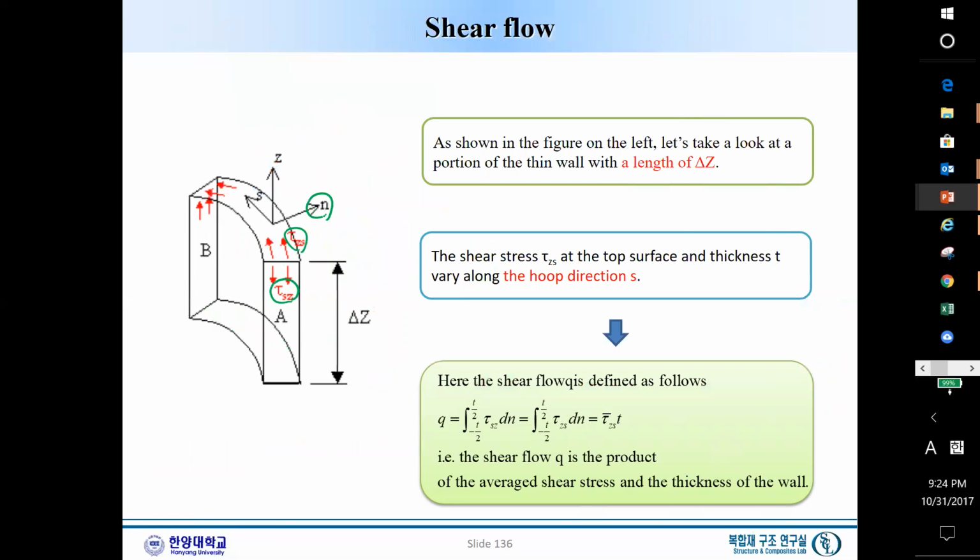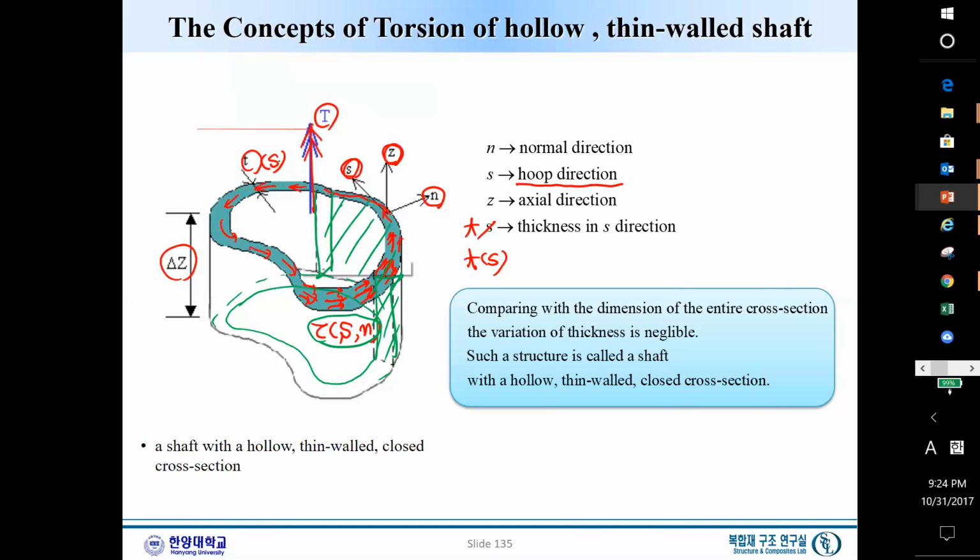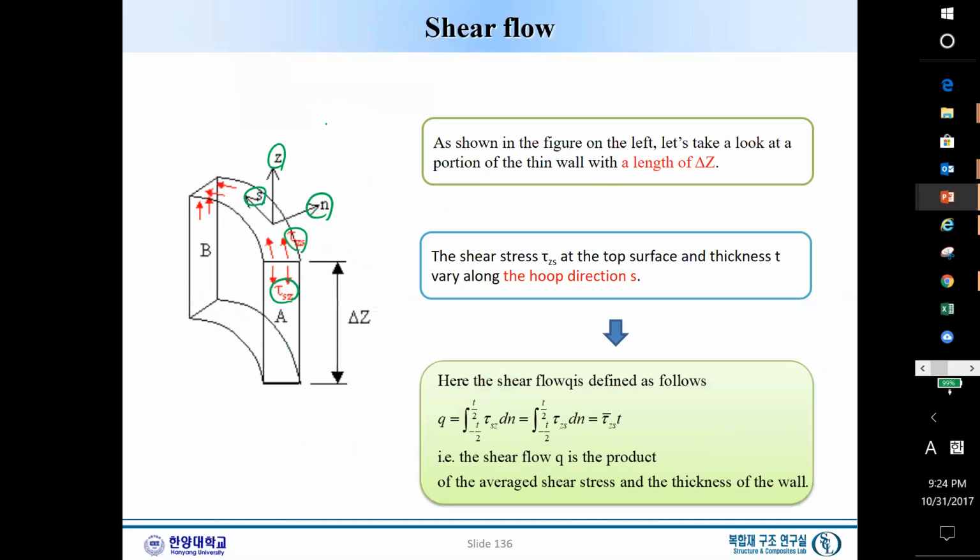Again, this is N, and this is S, and this is Z. Now, as we noticed from here, due to torque T, the shear stress will be developed, which will be tau Zs. I will rewrite it here, tau Zs.